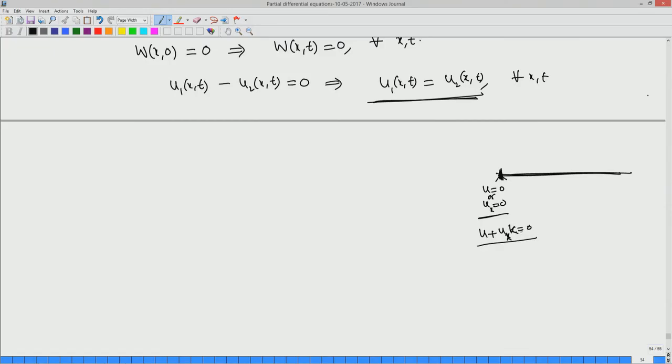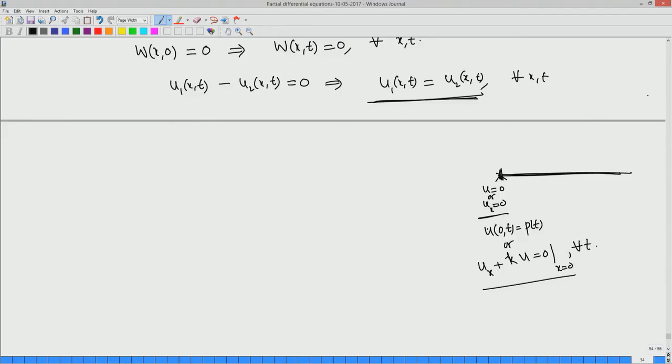Or you can also give it in different ways: you can provide u at 0, t as a non-zero condition, some function of t, or u_x plus k times u is also 0 at x equal to 0 for every t.